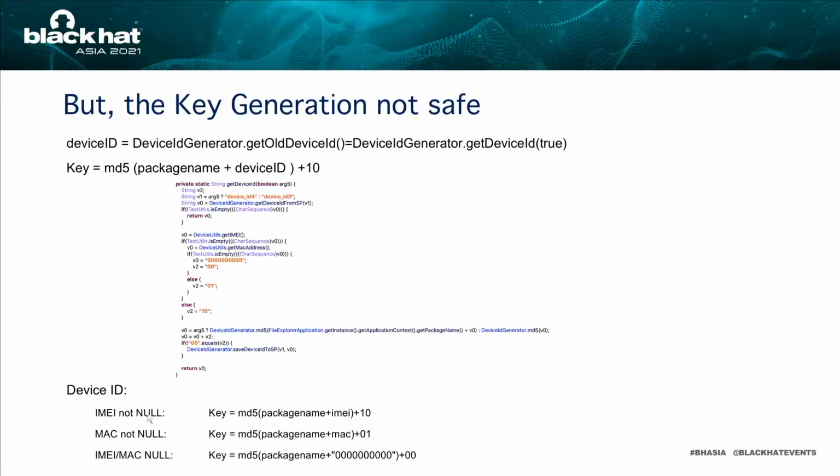If the app can get the IMEI, the key will rely on the package name and IMEI. If the app can't get the IMEI, it will use the MAC to generate the key. If the app can get neither IMEI nor MAC, the app will use 10 zeros to generate the key. So it only relies on the package name, IMEI, and MAC, which any malicious app could get.